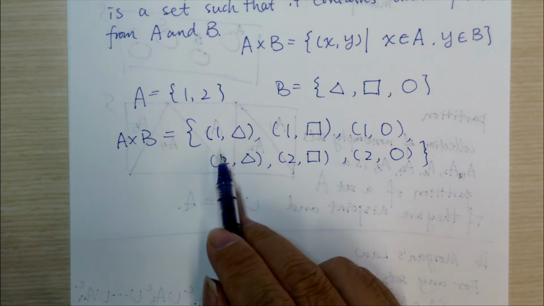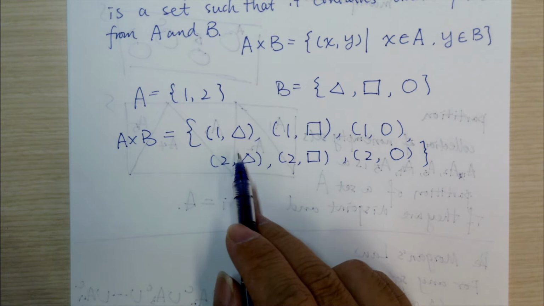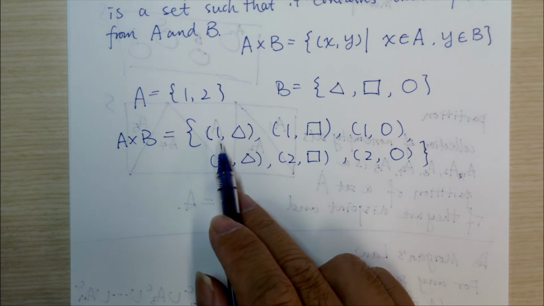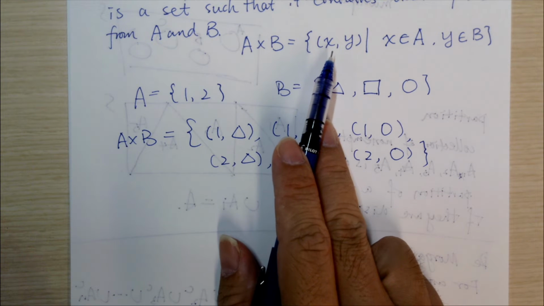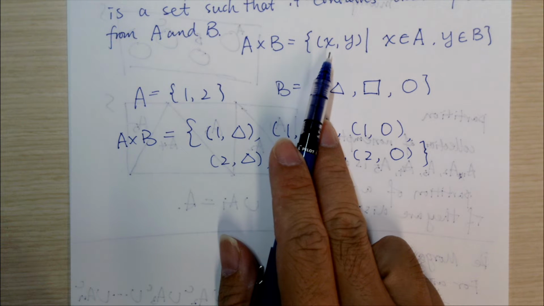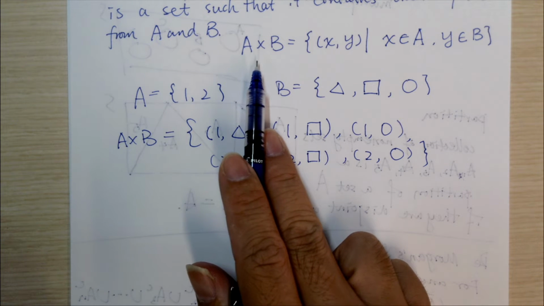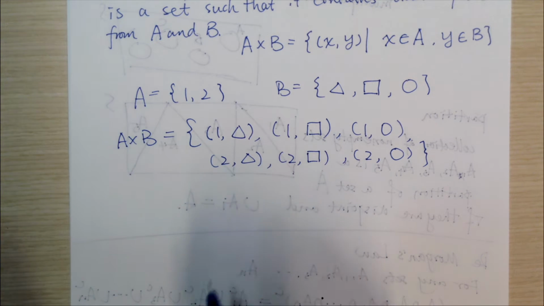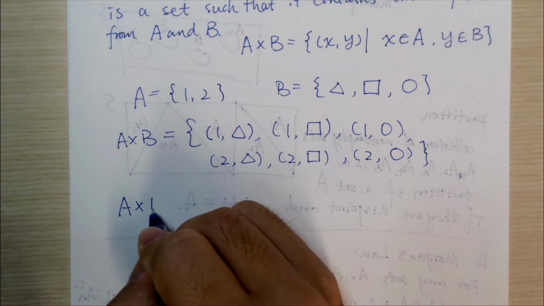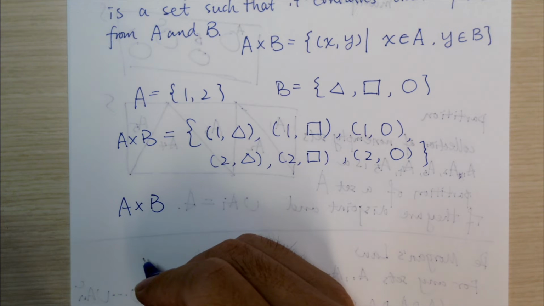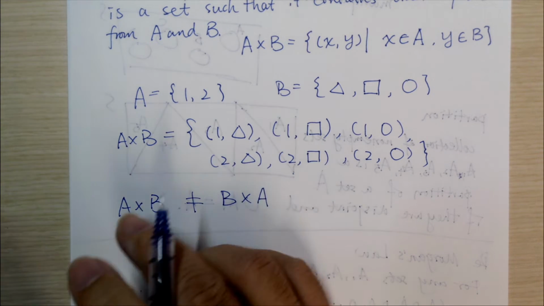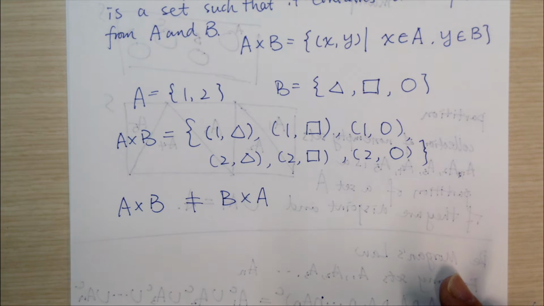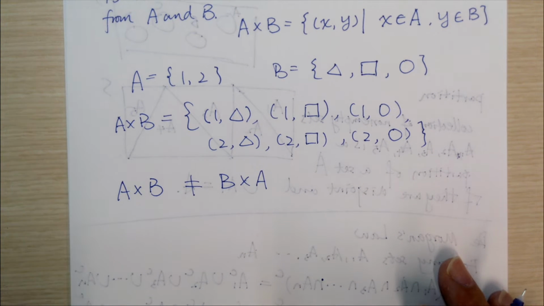First of all, these pairs are ordered, because the first part is going to be an element from the set A. And keep in mind that the Cartesian product A cross B does not equal B cross A. Those are two different sets. So keep that in mind.